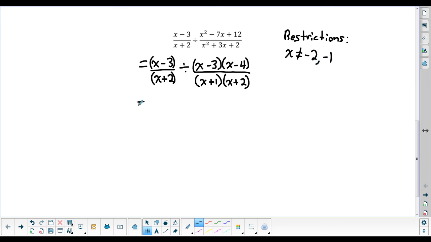Okay, so now let's change it to multiplication by flipping the second fraction. times x plus 1, x plus 2, x minus 3, x minus 4 on the bottom.